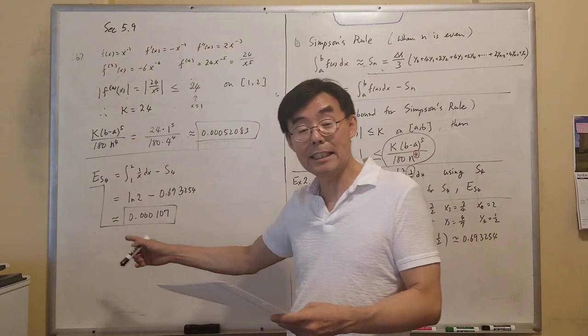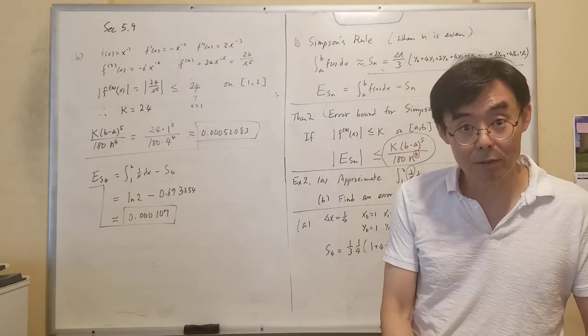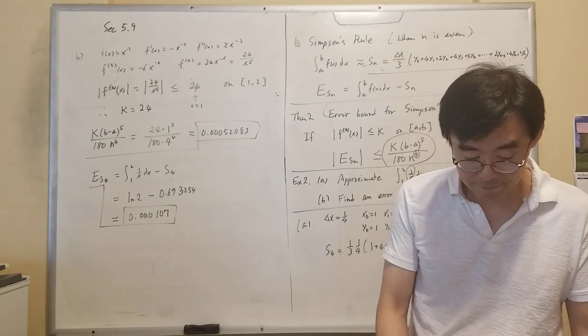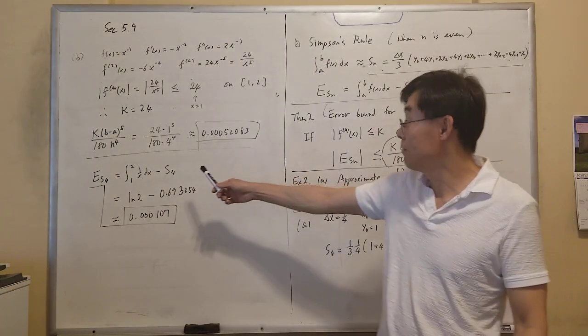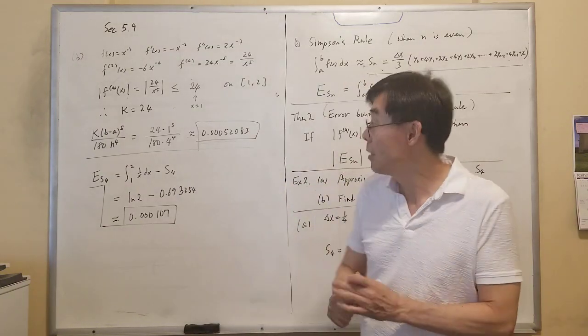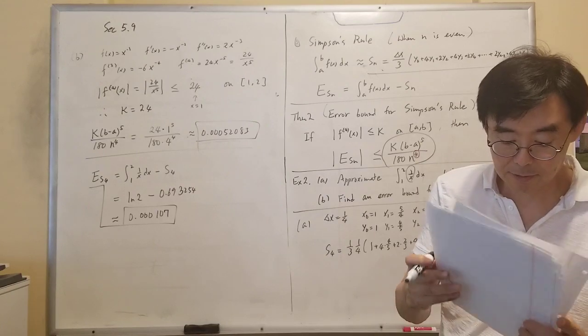So this is less than 1/10. So it's much better, right? With even smaller n value, because we have n to the 4th dependence in the denominator.